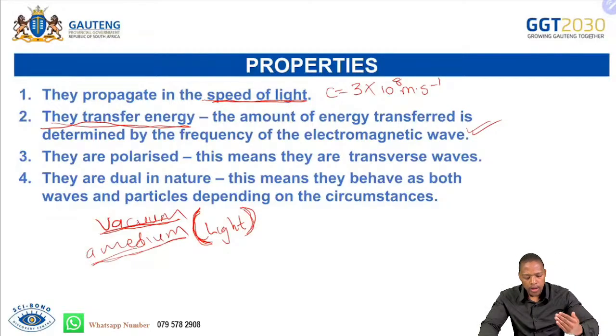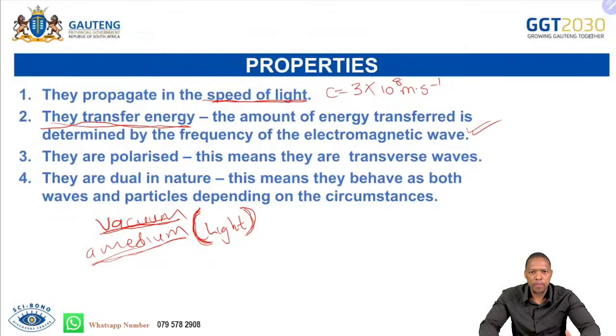If we have higher frequency of the wave, then we are going to have higher energy being transferred in that particular wave. Okay, this is what makes some of these waves dangerous.